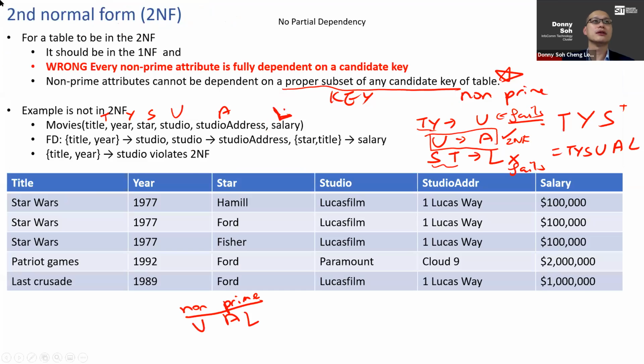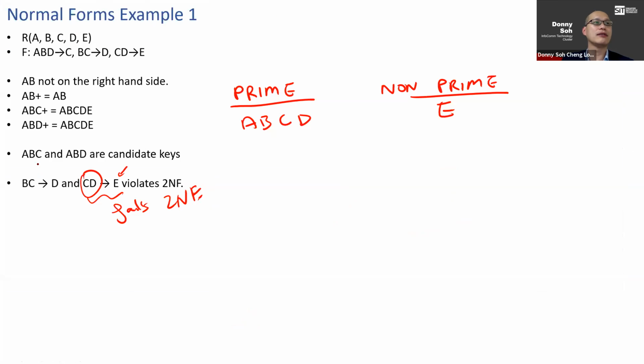Non-prime. Okay, so now I'm very sure I can say this. CD implies E is the only condition that fails the 2NF, because A, B, C and A, B, D are both candidate keys, so the other dependencies clear 2NF.